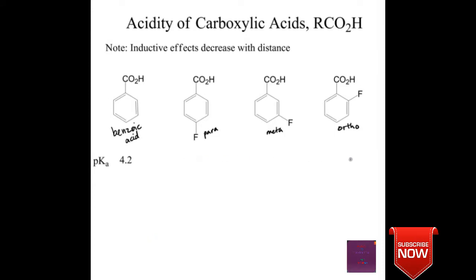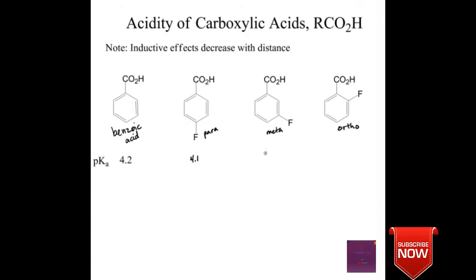So what do you expect for these fluoro-substituted benzoic acids? What do you think is going to happen to the pKa? We would expect these fluoro-substituted ones to be more acidic. What does that do to the pKa? It lowers the pKa. So we expect them all to be lower than 4.2, and they are. But the one where this fluorine is really far away, very, very slightly lower. It's 4.1, just barely any difference at all.